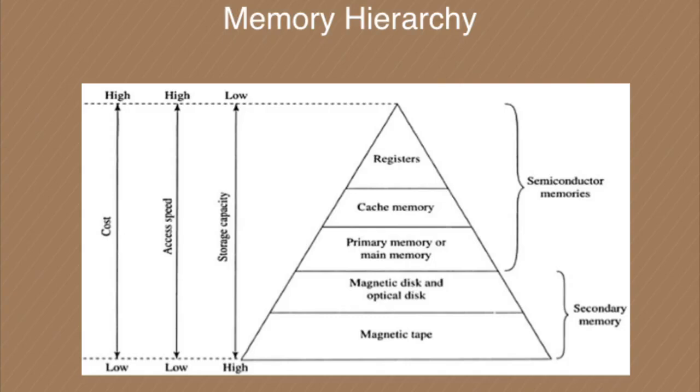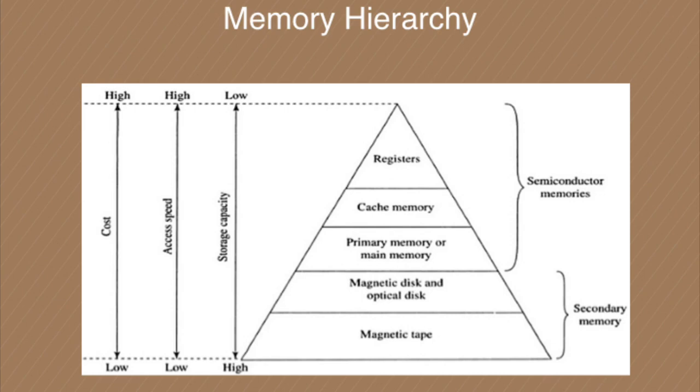And the cost also varies. From top to bottom, the cost will decrease. For example, if the memory is of smaller capacity, it will cost more. So registers are the most expensive type of memory, then the cache memory and so on. So based on the size, the cost varies.